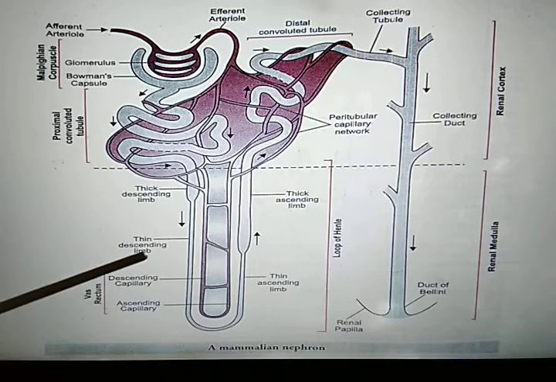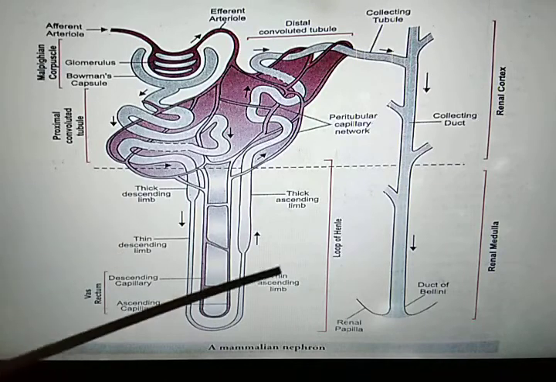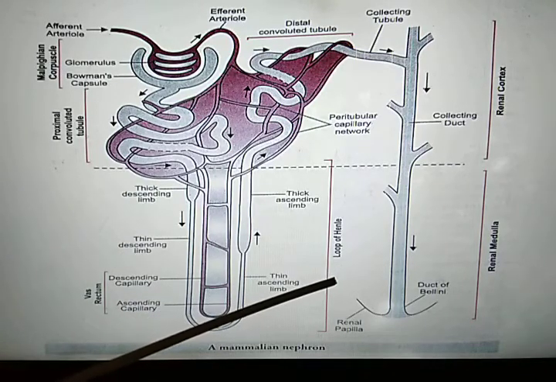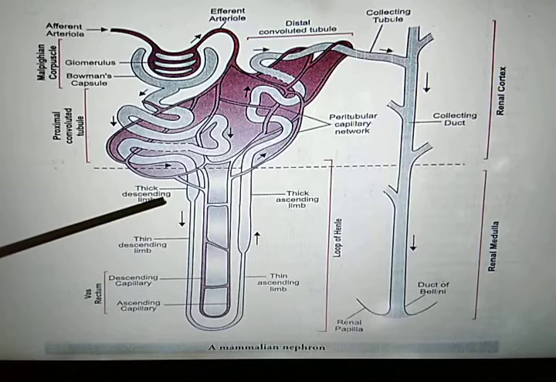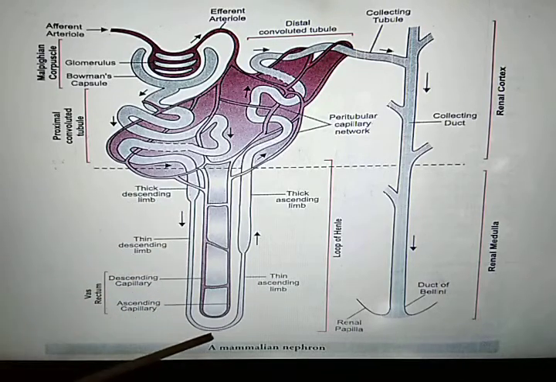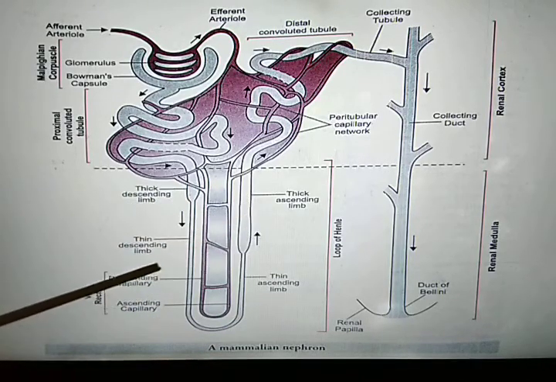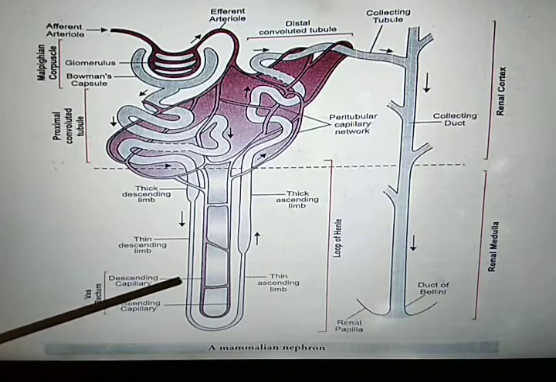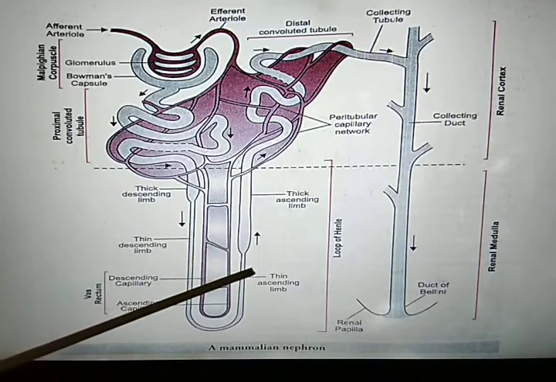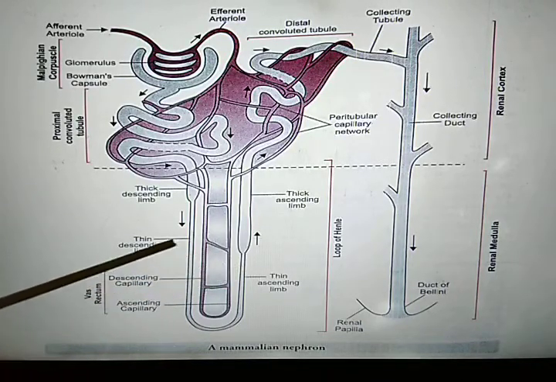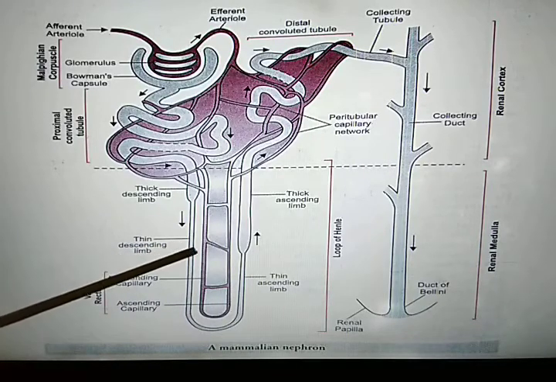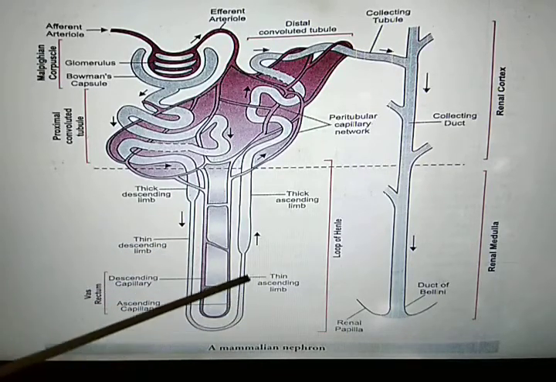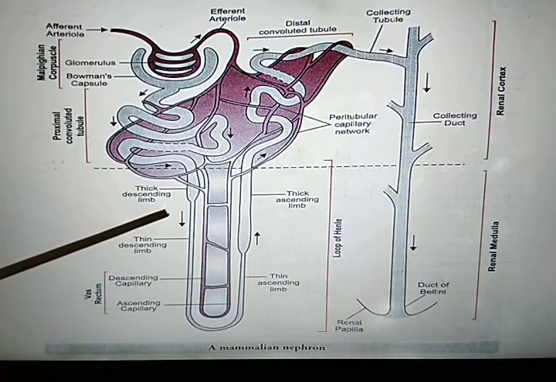The next part of the renal tubule is loop of Henle or Henle's loop. It is a hairpin shaped or U-shaped segment of the nephron. It consists of two straight parallel limbs. Number 1, descending limb. Number 2, ascending limb.